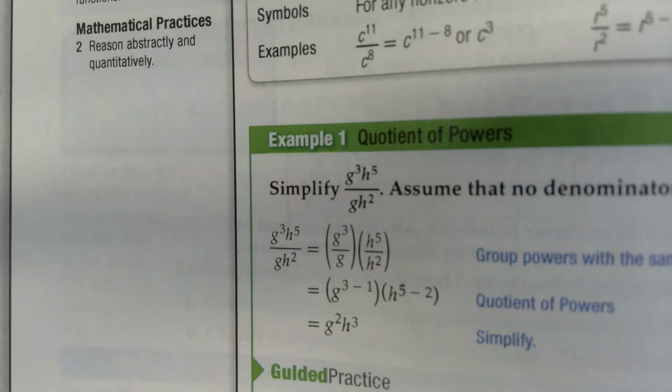The top of the fraction. So when we do these subtractions like they did right here in step 3, g to the 3rd minus 1, h to the 5th minus 2, that is happening in the top of the fraction, the numerator. That's going to be very beneficial when we start playing in the world of negative exponents.